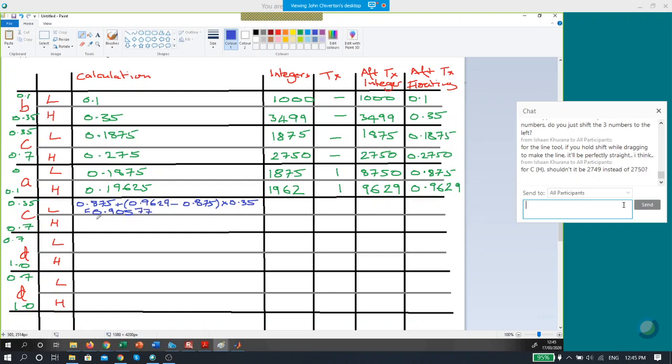Okay, and then for the upper one, similar calculation, doesn't it? 0.875 plus all of that times, and then the upper value is 0.7 there.